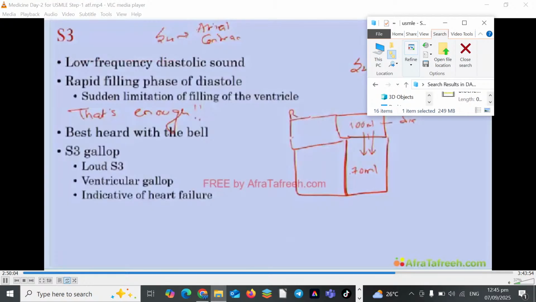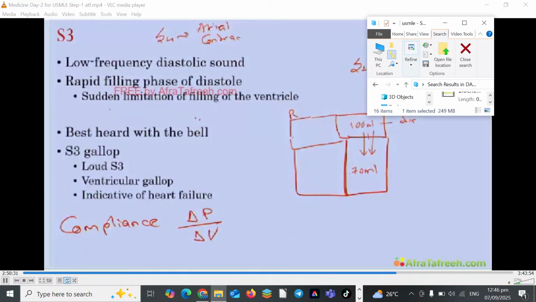Alright. What we are trying to assess when you're seeing these things, because there is a component involved here, is called compliance. Compliance is how much volume you can take before increasing your pressure. So that is basically delta P upon delta V, the amount the pressure changes per change in volume.